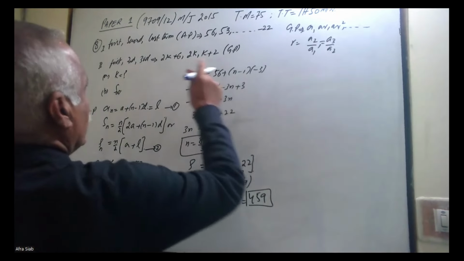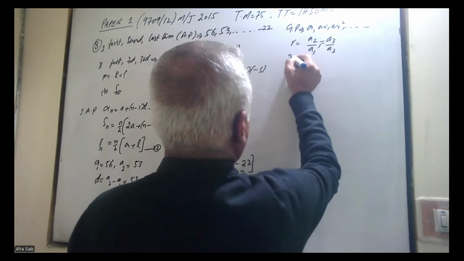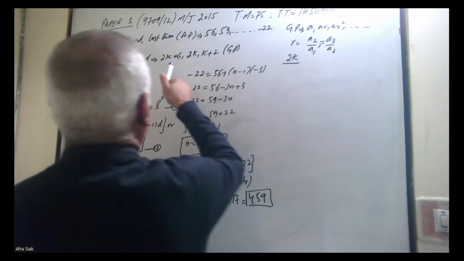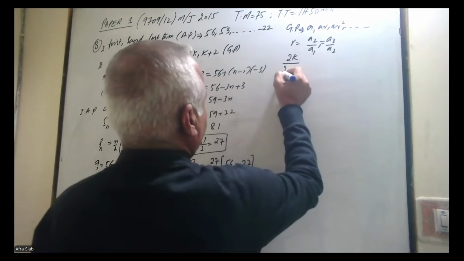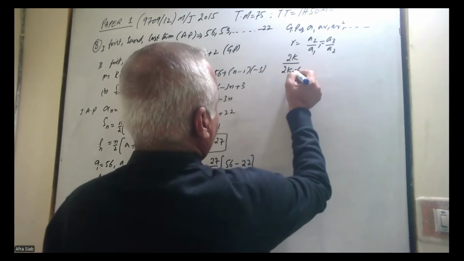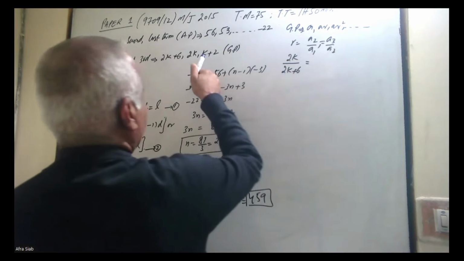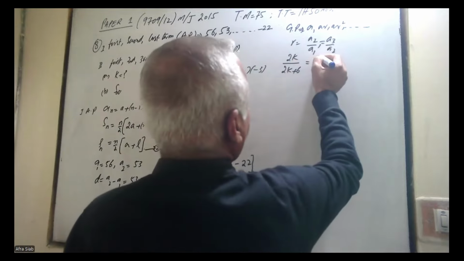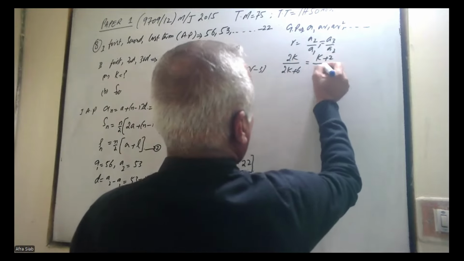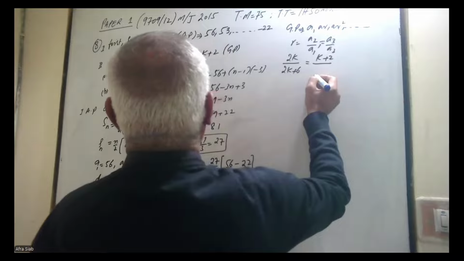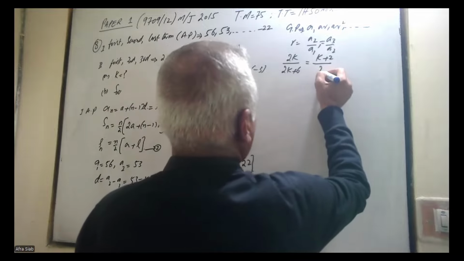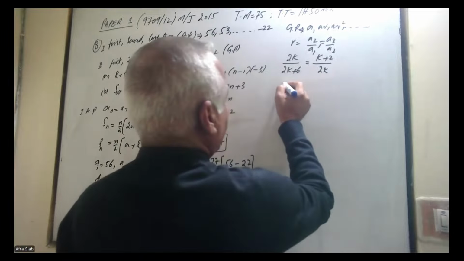a2 is equal to 2k over a1, that is 2k plus 6, which is equal to a3, that is k plus 2, over a2, that is 2k. Now you can cross multiply.